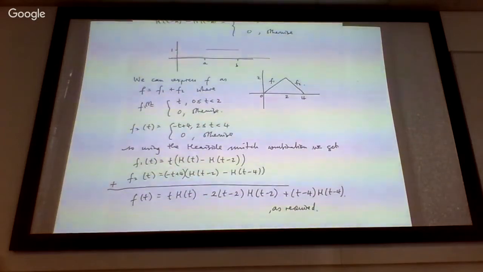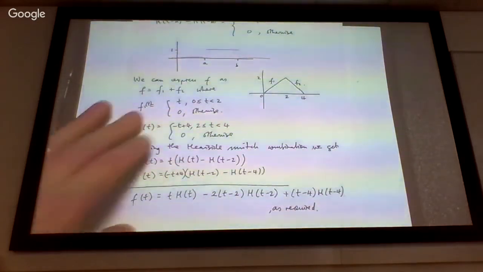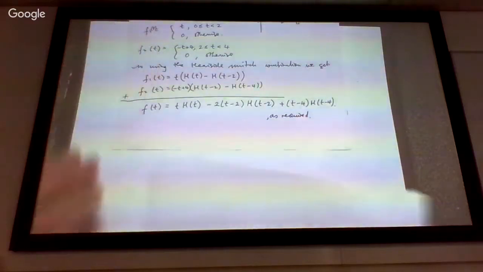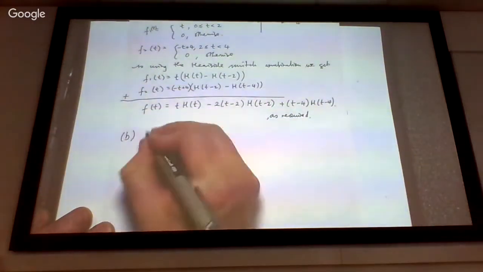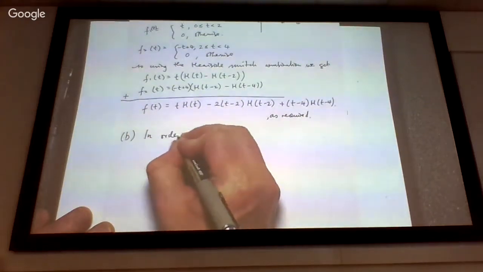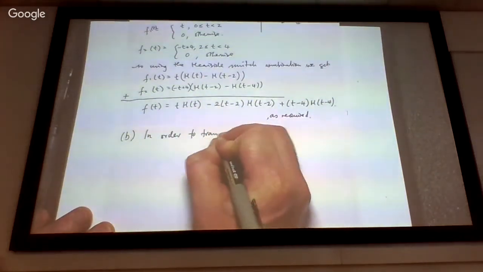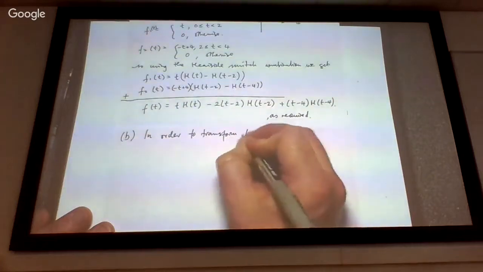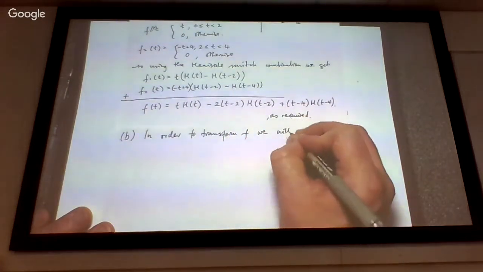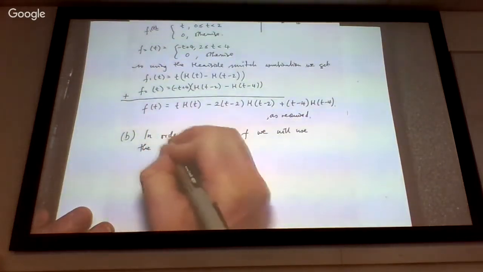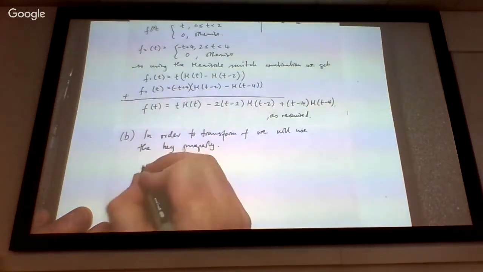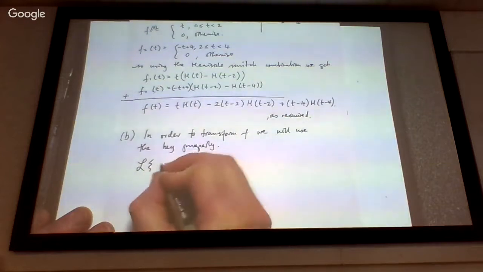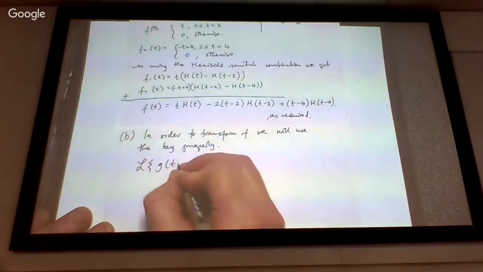So then in part B, we want to find an expression for the Laplace transform of f. There's a property on the table when you look it up.